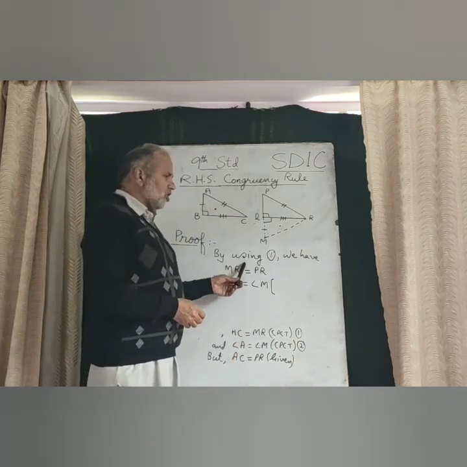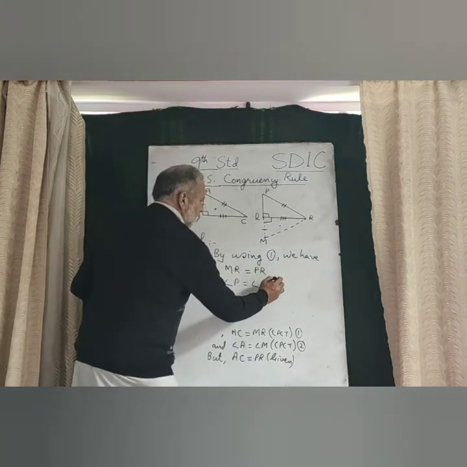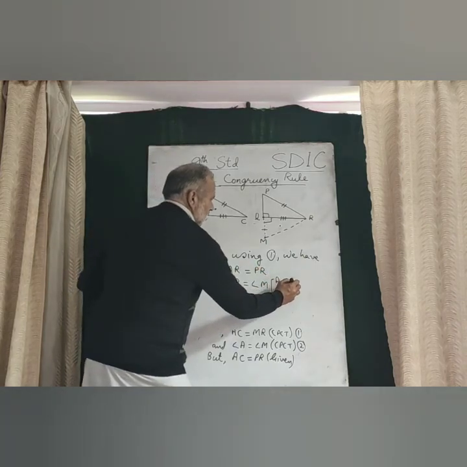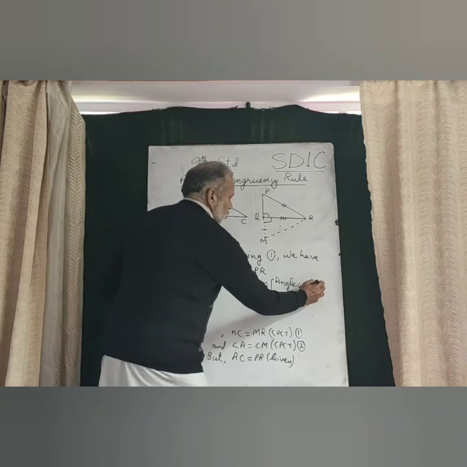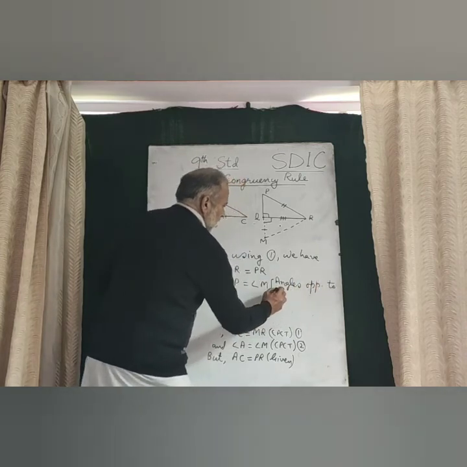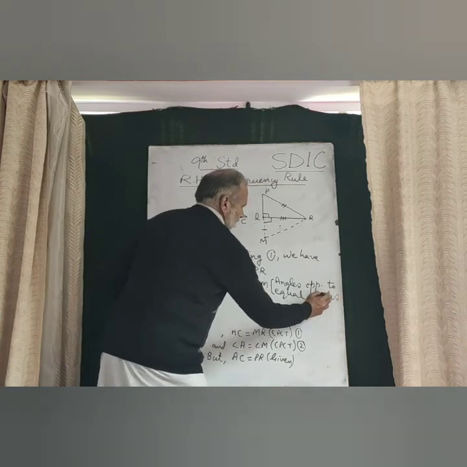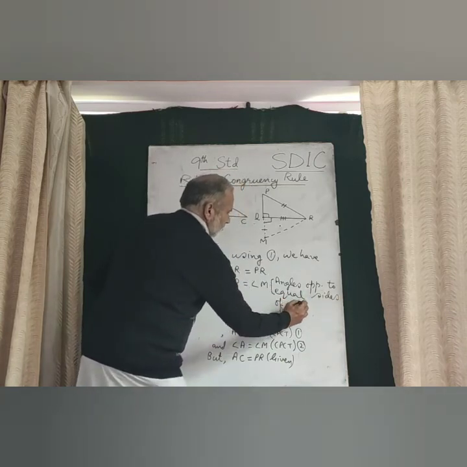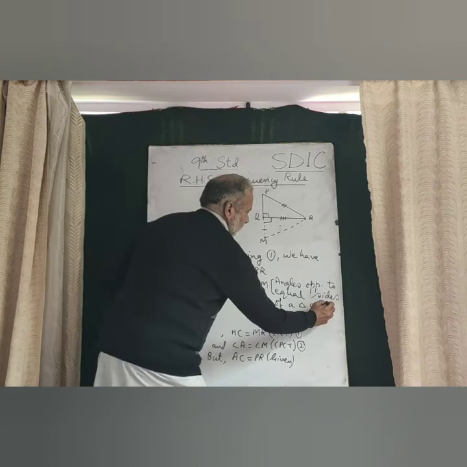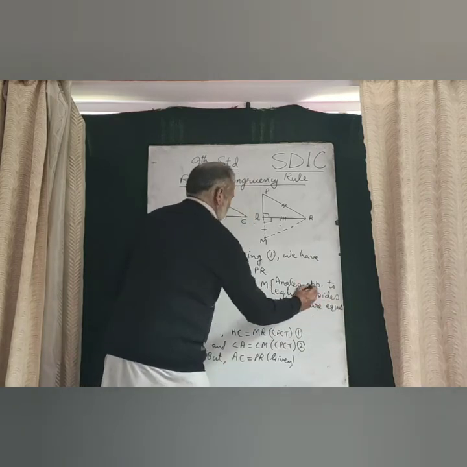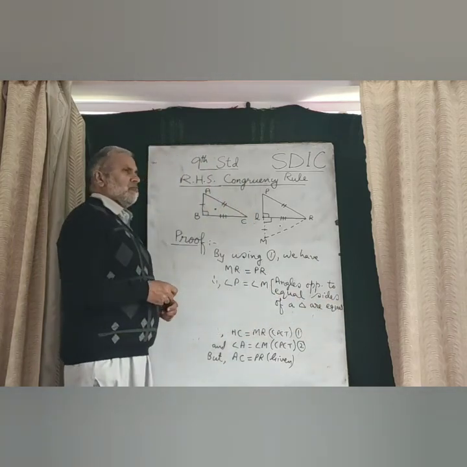Angles opposite to equal sides of a triangle are equal. You note it down here. We got angle P equal to angle M.